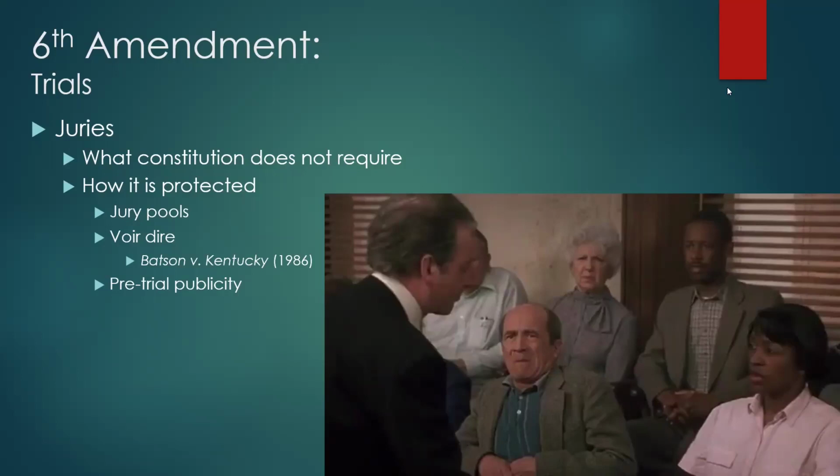So the nature of the publicity, and then the amount of time that has passed between the publicity and jury selection. All of that is kind of wrapped up in the specific circumstances of each case, and a lot of deference is given to judges to determine whether the publicity has been so bad that the defendant should be able to move the case to another location.